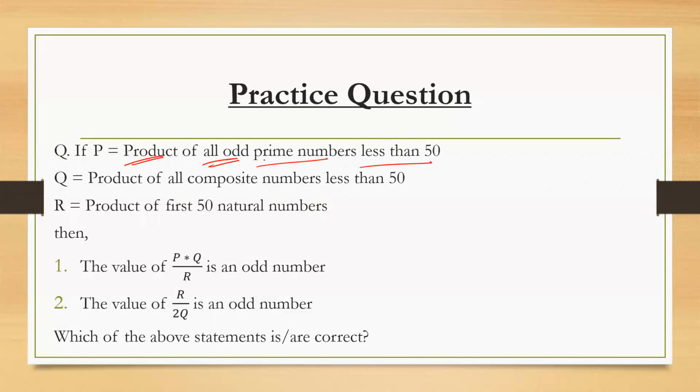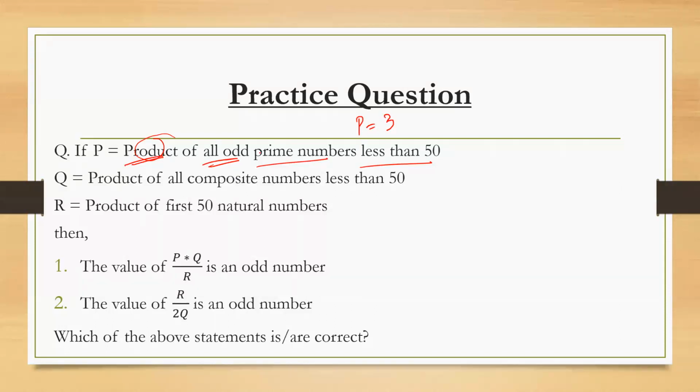First and foremost, if it is the product, that means multiplication of all the prime numbers. So where will it start from? What will be the value of P here? It will start from exactly 3.